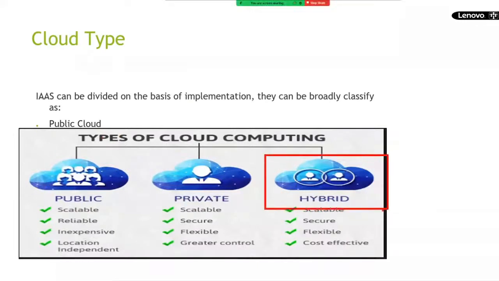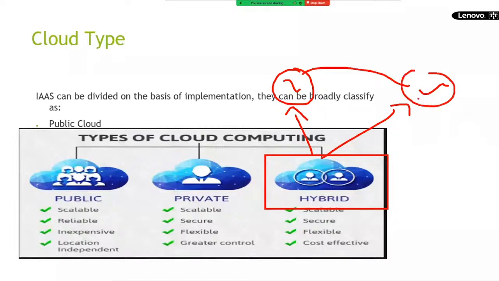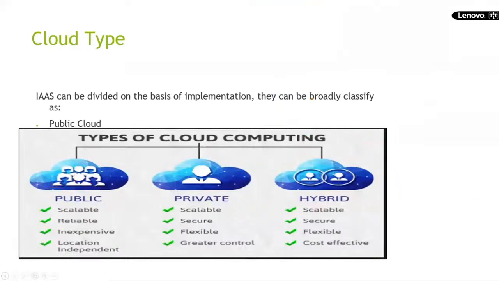Two days work from home, three days work from office: the combination of office plus home is called hybrid. In the same way, the combination of public plus private cloud is called hybrid cloud. I hope you understand it. A few applications run in public and a few run in private, and if we establish communication between them, that is hybrid cloud.